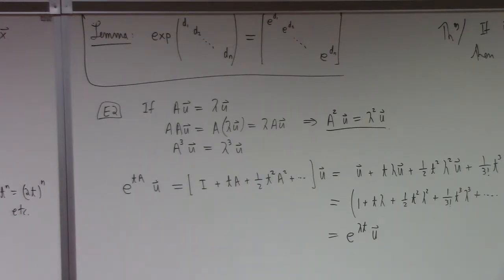So this, in fact, is just equal to e to the lambda t times e to the t times a minus lambda I. Which is pretty awesome. I mean, that's better. And then I just write out what that means.